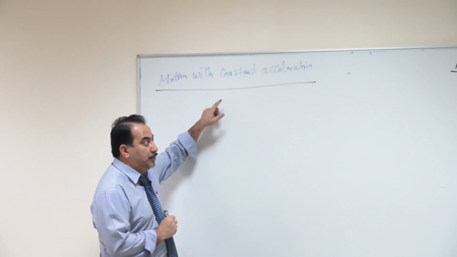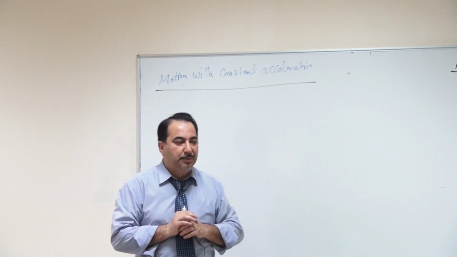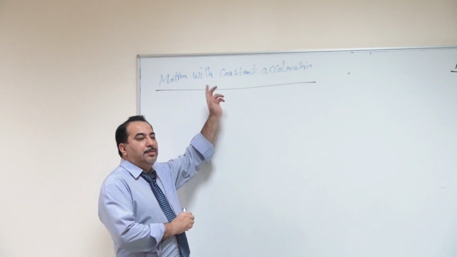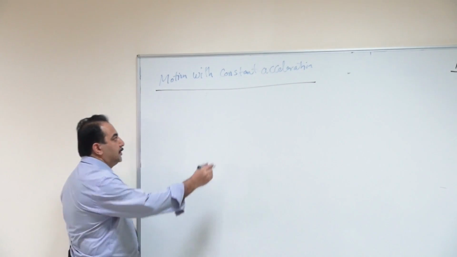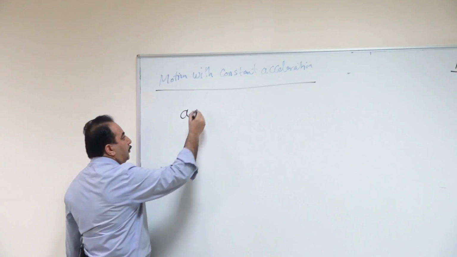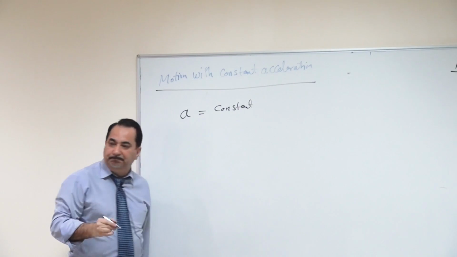It means, of course, we are still talking about an object moving in one dimension, not 2 or 3 dimensions. If you have an object moving in one dimension, and the object moves with a constant acceleration, it means the acceleration, a, equals a constant value.